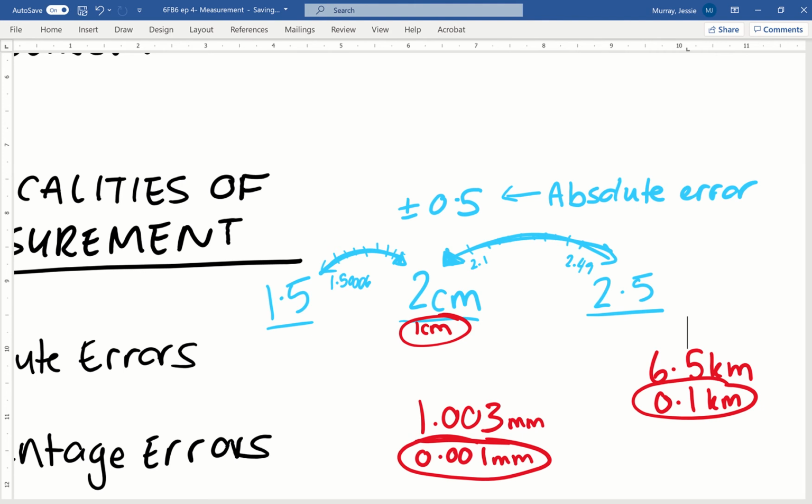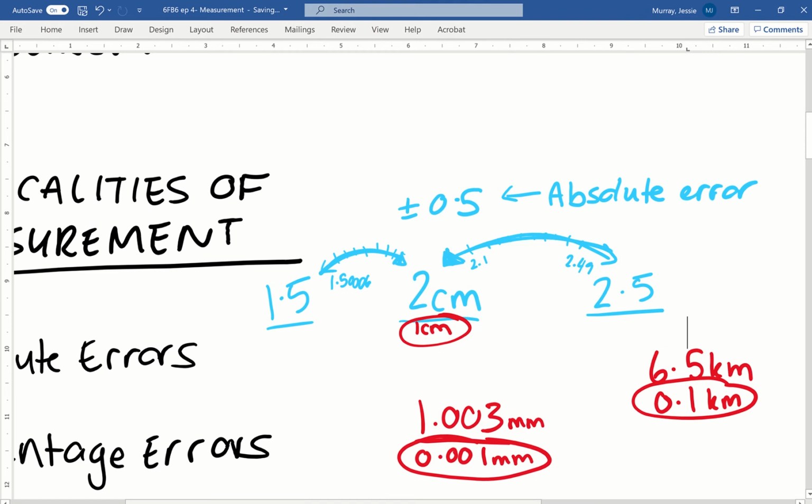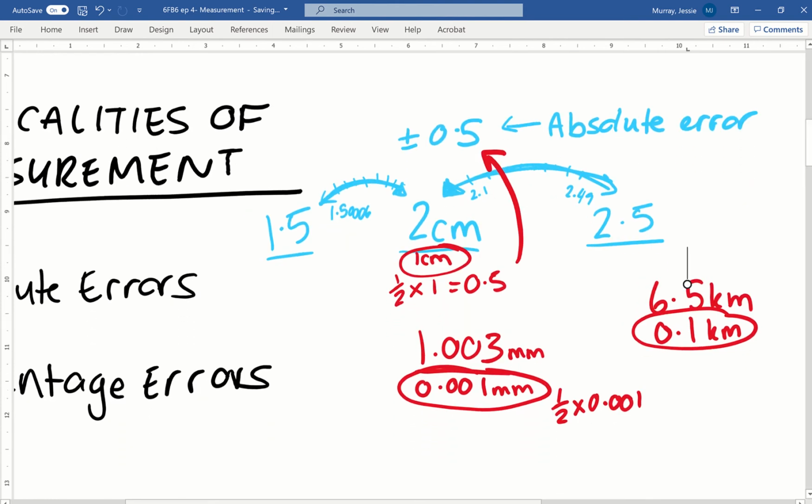So this first example, if we follow that formula, it says a half times the precision. So I'm going to do a half times by 1, which gives me 0.5, which was this number here, okay? So that's the formula for those ugly numbers. So now I could just take half times by each one of these precisions and get my answer for what the absolute value is, okay?